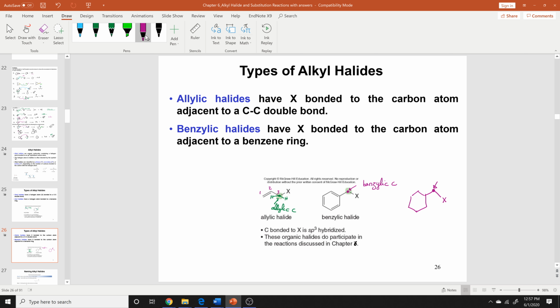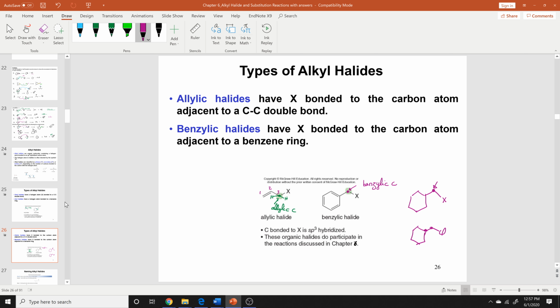This here, if I want to name it, I would name it as a cyclohexane, methyl, bromide, chloride, whatever. Or since we are working with a longer chain, if I have a chlorine here, I would name this as a chloromethyl cyclohexane. That is a chloromethyl, and it's a cyclohexane.